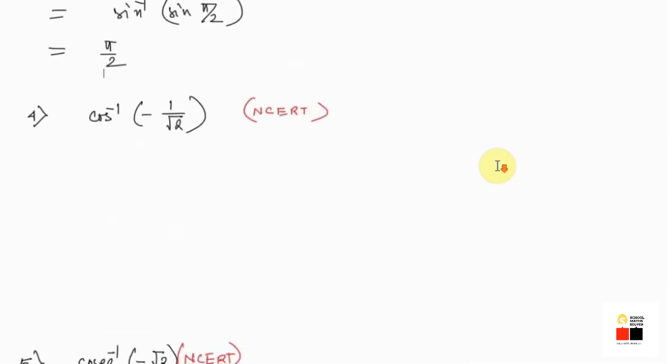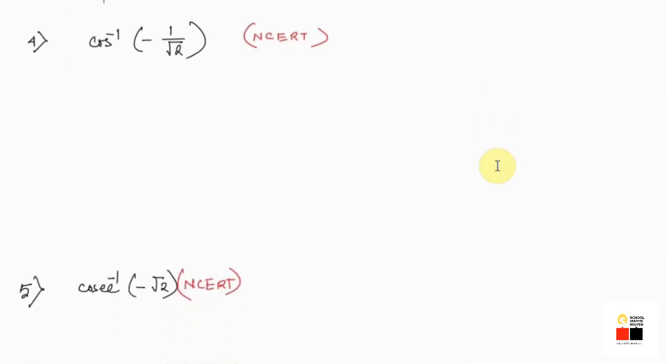Next problem is cos inverse of minus 1 by root 2. The principal value of cos inverse x lies between 0 and pi.